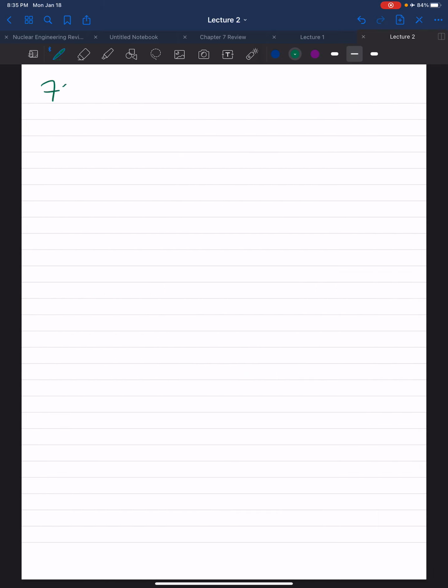Work out a problem dealing with average shear stress. Let's look at problem 738, page 343 in text. Problem states set P to 5 kilonewtons. Then determine the average shear stress in the pins at A, B, and C. All pins are in double shear.